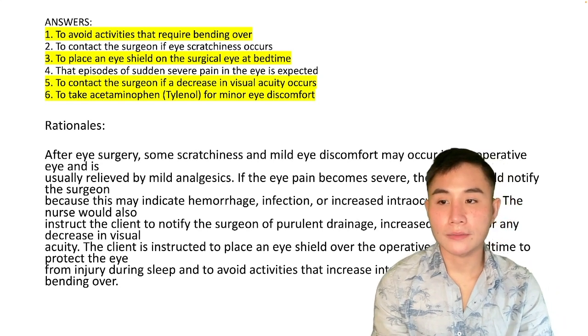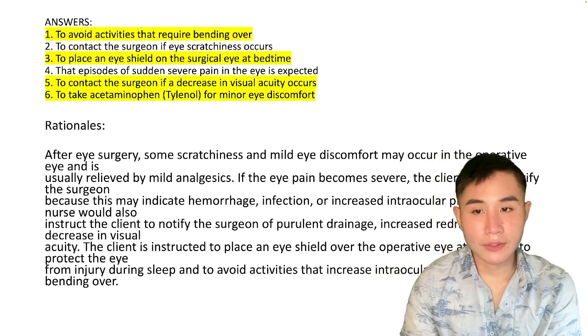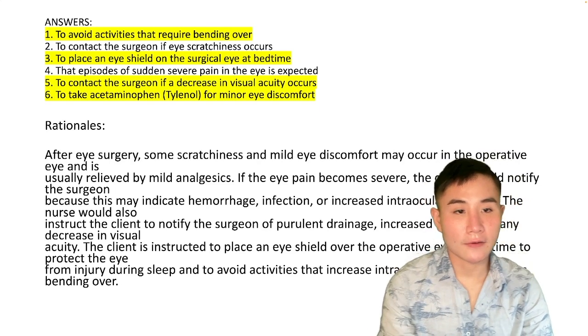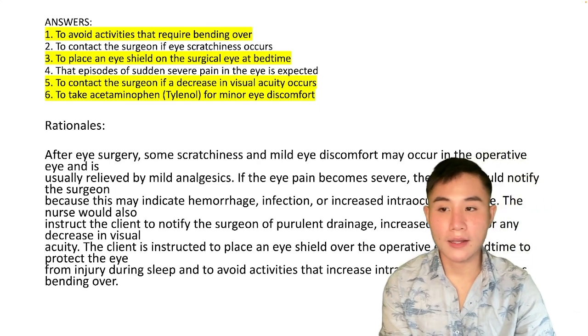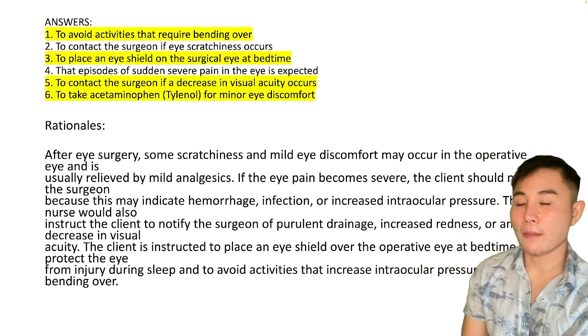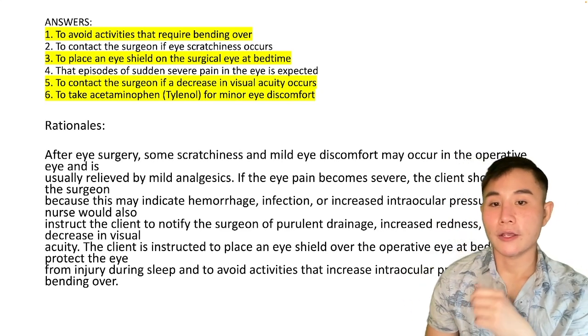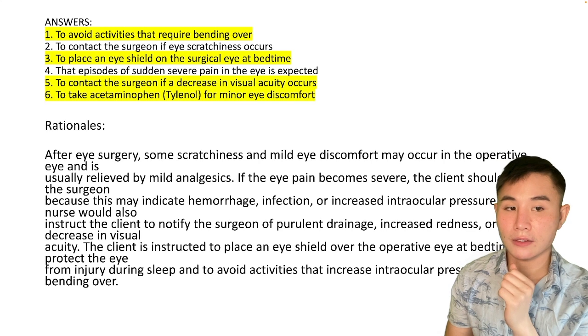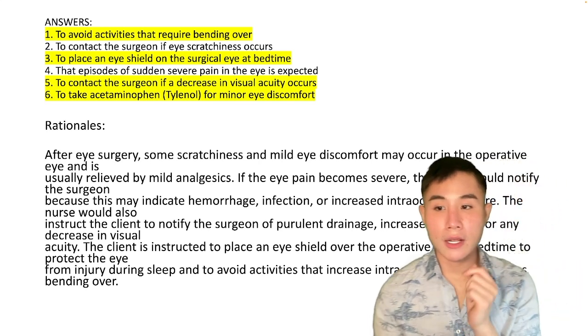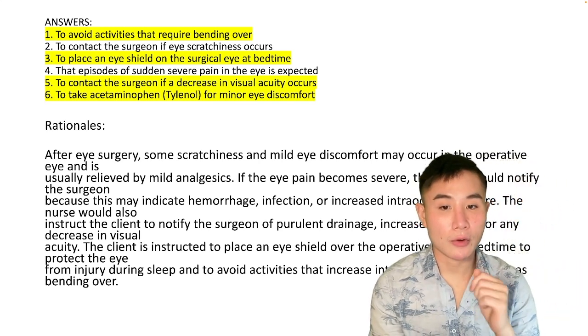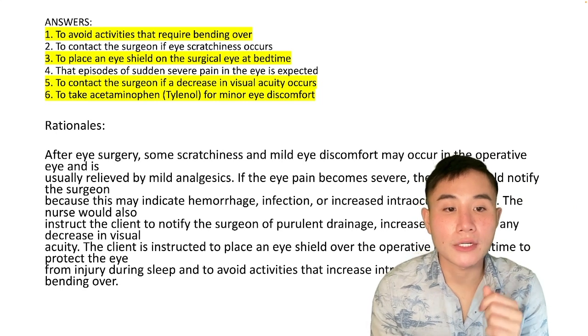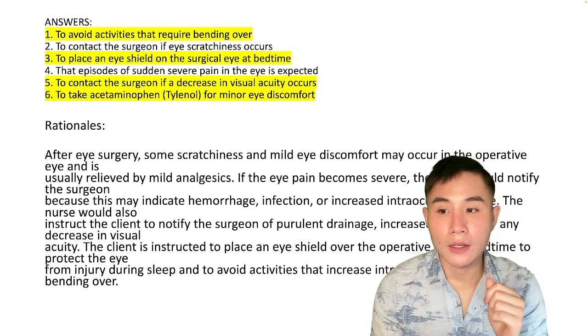So, rationales. After eye surgery, some scratchiness and mild eye discomfort may occur in the operative eye and is usually relieved by mild analgesics. If the pain becomes severe, the client should notify the surgeon because this may indicate hemorrhage, infection, or increased intraocular pressure.